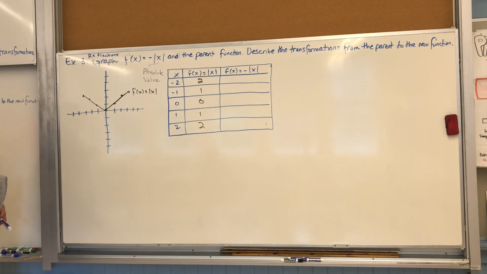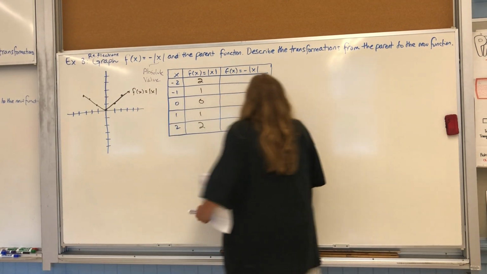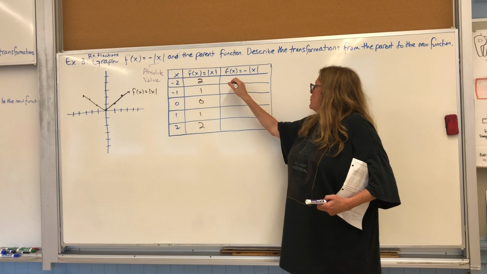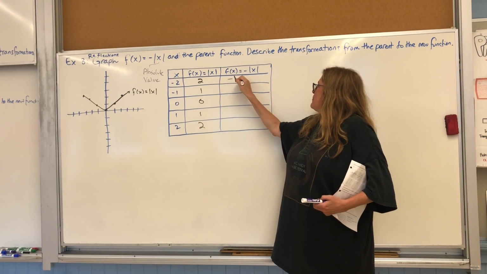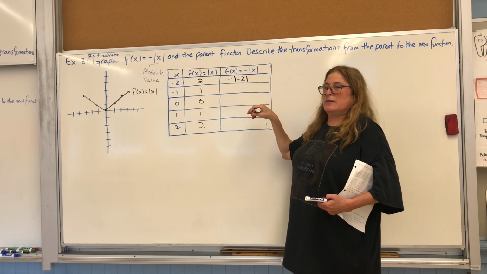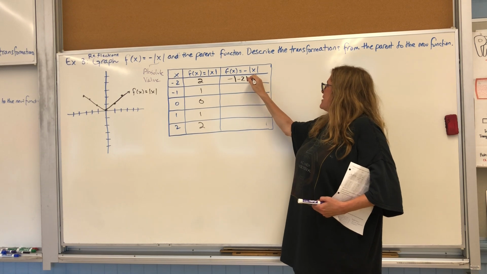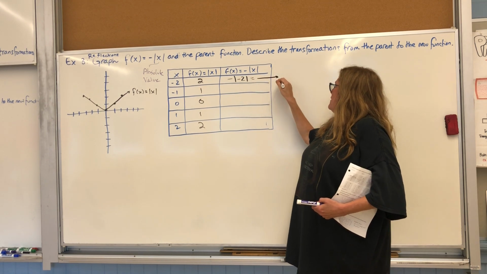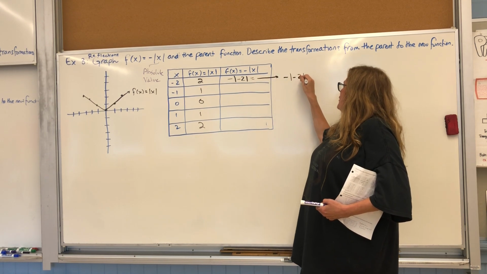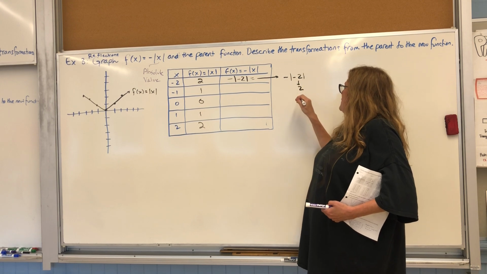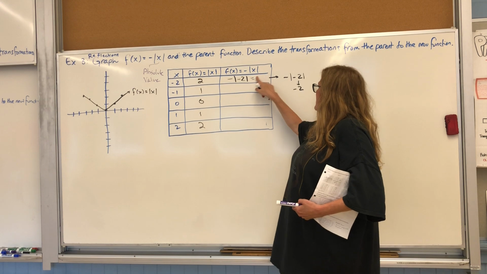Okay, what's going to happen now if I make it negative on the outside? So what if I say negative absolute value of negative 2? Well, we know that the absolute value of negative 2 is 2. Right? So that's going to be a negative 2.